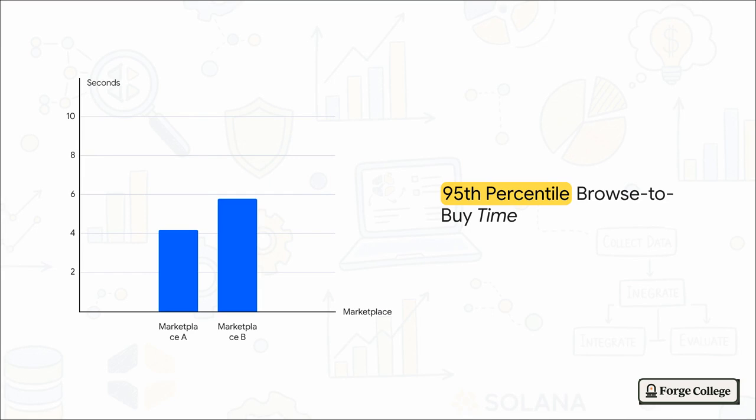Look at this. At the 95th percentile, Marketplace A clocks in at 4.2 seconds, while Marketplace B is lagging behind at 5.8 seconds. Because Marketplace A used indexing and caching, it successfully dodged those repeated RPC fetches. This visually validates our hypothesis with cold, hard numbers. That is a massive, massive win for the user experience.